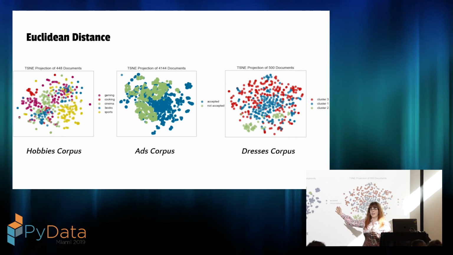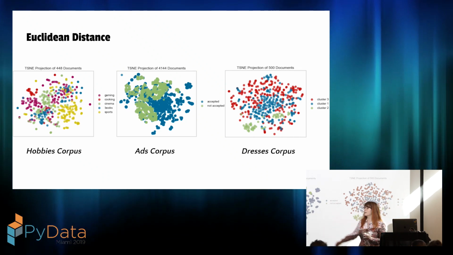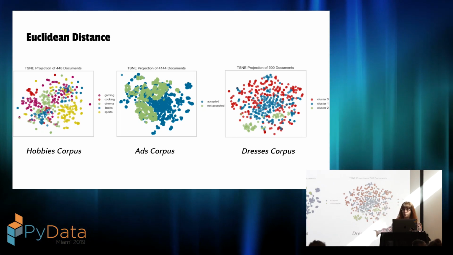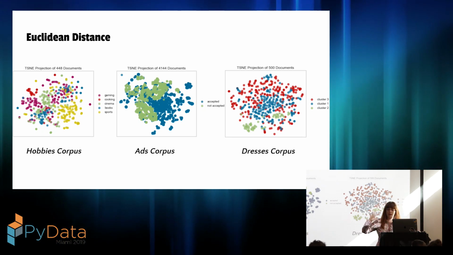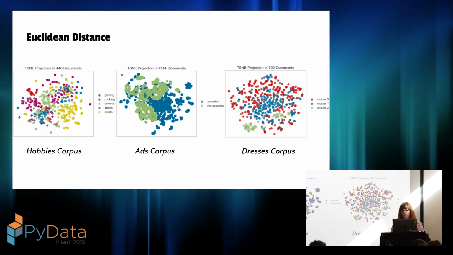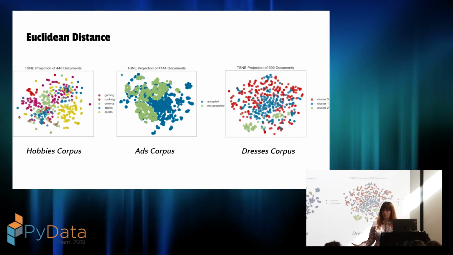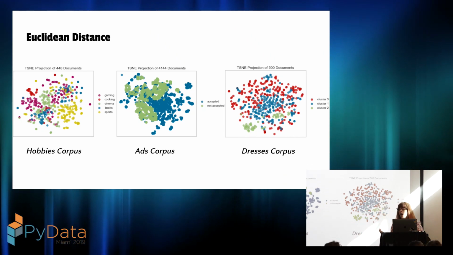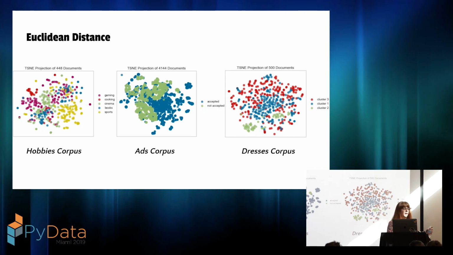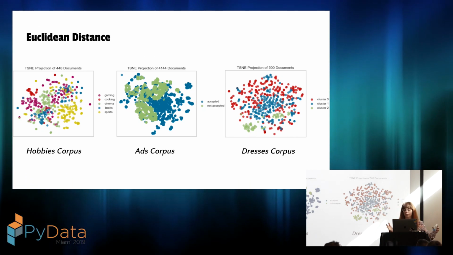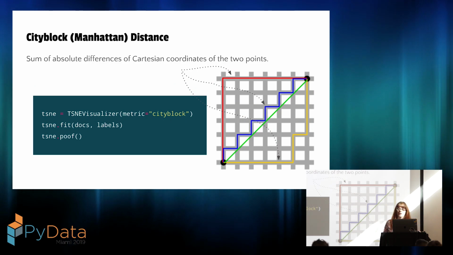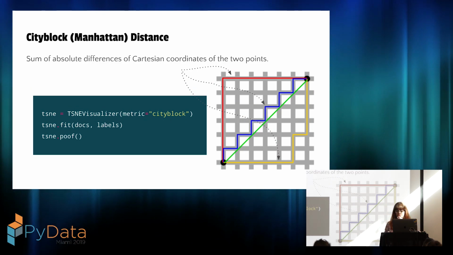It's fairly distinct, the two classes in the ads corpus. And for the dresses corpus, it's a little bit of a blender, right? So you can maybe see some structure there, but it's not obvious that Euclidean distance has done us any favors. So why don't we try a few other distance measures?